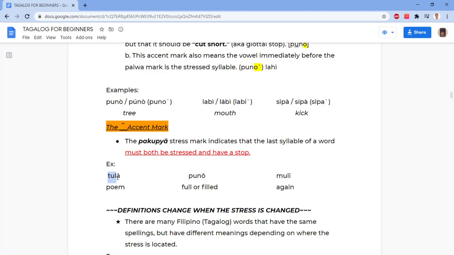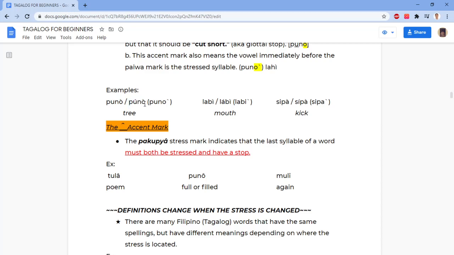For example, tula, tula, puno, puno, muli, muli. Say again: tula, puno, muli.